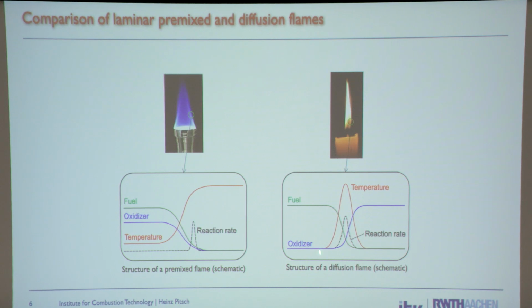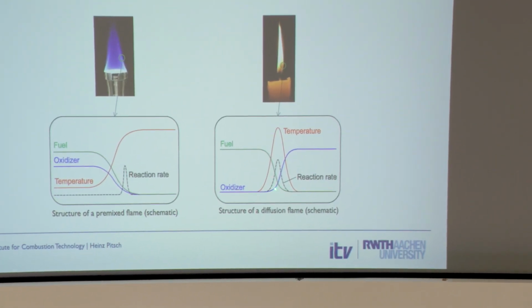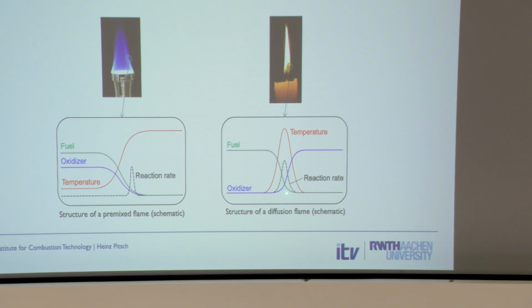But for the non-premixed flame, you have the fuel on one side, on the inside, and the oxidizer is 0, and then on the other side, on the outside, you have air or the oxidizer, but the fuel is 0. And they both diffuse into this reaction zone. The reason they diffuse there is because the reactions consume them. If the reactions are fast, they make fuel and oxygen both go to 0 in the reaction zone at stoichiometric.